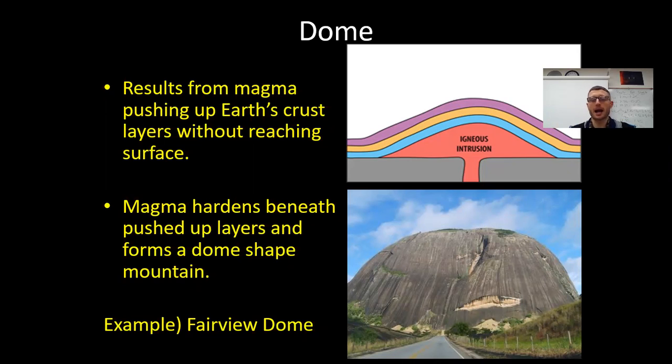So basically the magma pushes up and it kind of just solidifies rather than spewing out of the mountain. And you just get this kind of lump, this bubble-like structure, this rock bubble, right? And that's it. It's a rock bubble that got pushed up by magma that could never get through, okay? And it forms a dome shape.